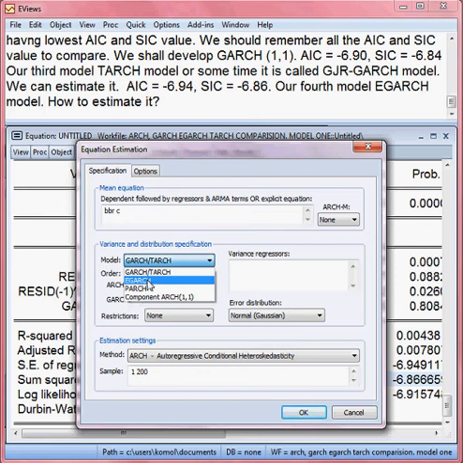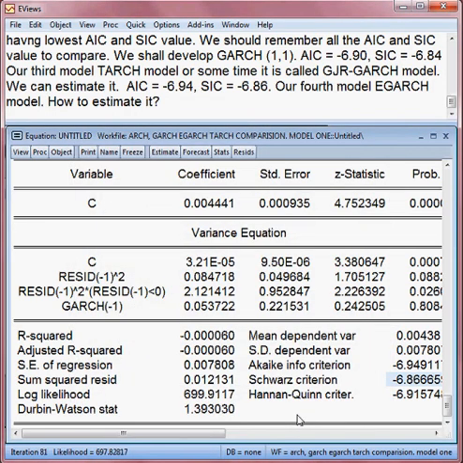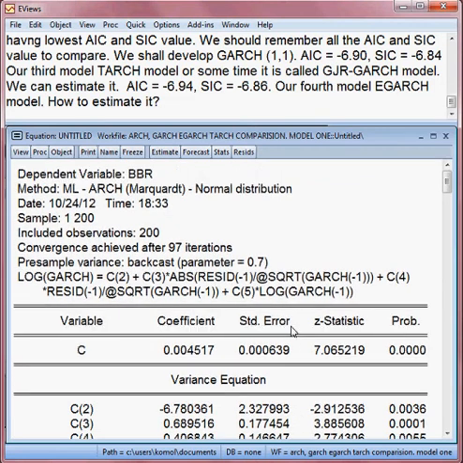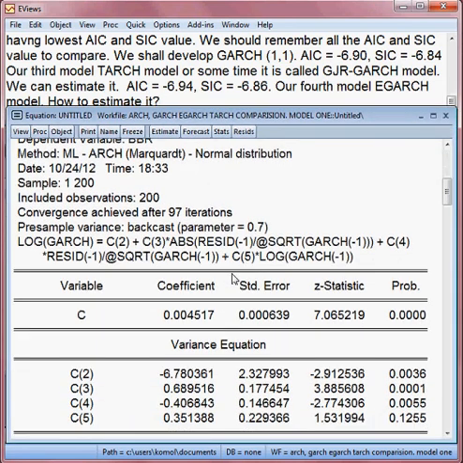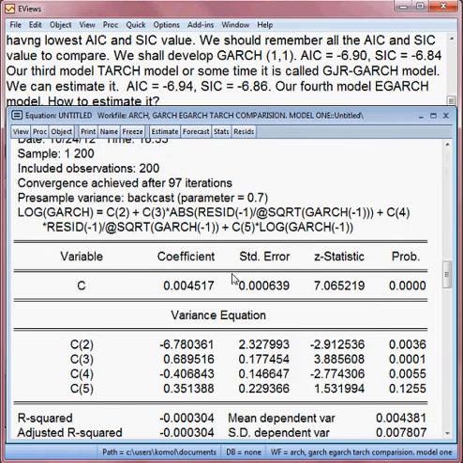There is one ARCH and one GARCH, and the order should be 1. So that is our EGARCH model. I click OK. So this is the outcome of the EGARCH model.